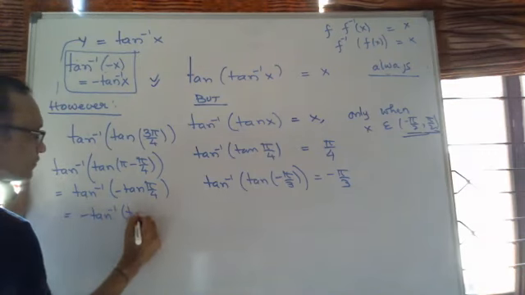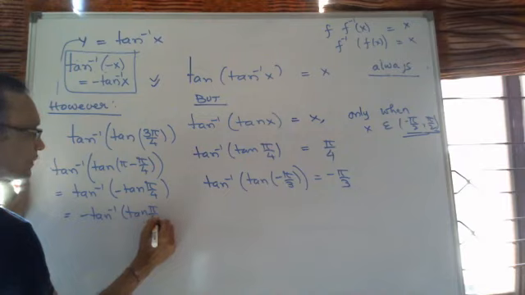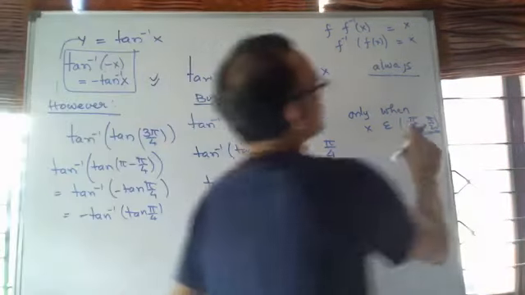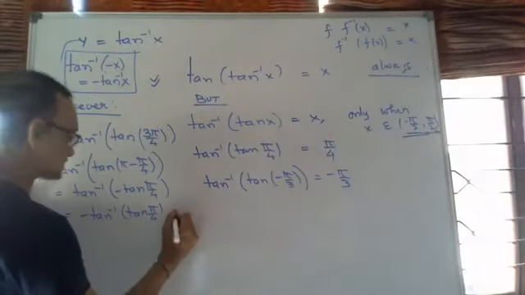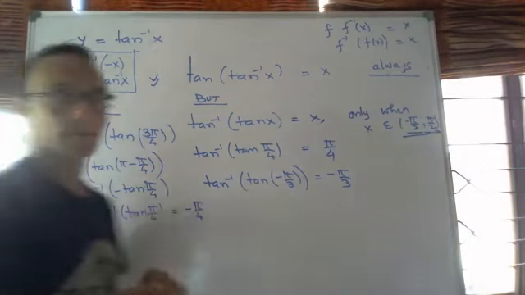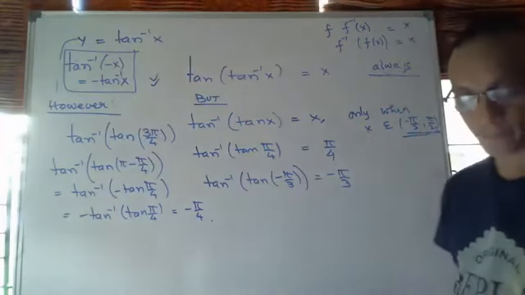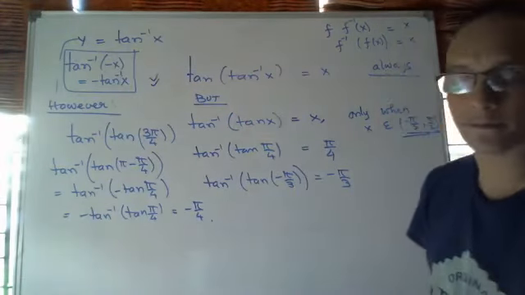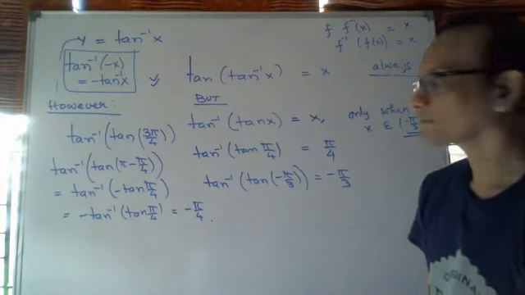Now look, pi by 4 belongs to the interval minus pi by 2 to plus pi by 2. So tan inverse tan x now can be x. Got it?